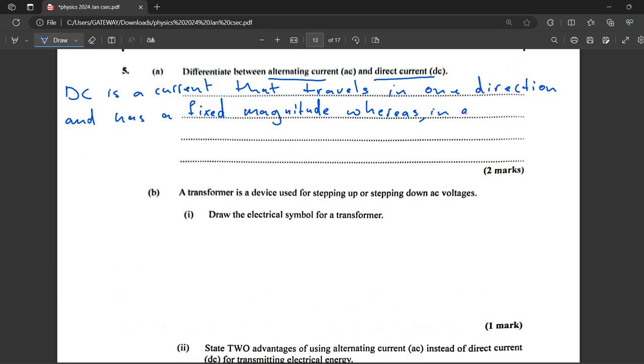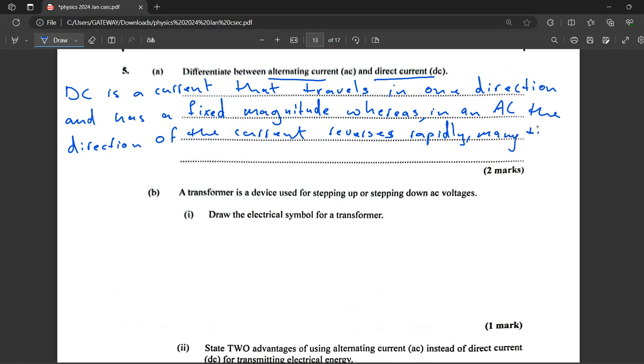in an alternating current, which is AC, the direction of the current, right? The current reverses rapidly, many times, right?